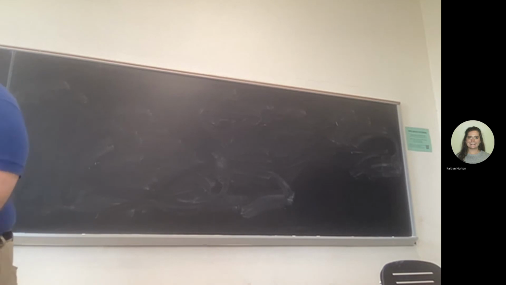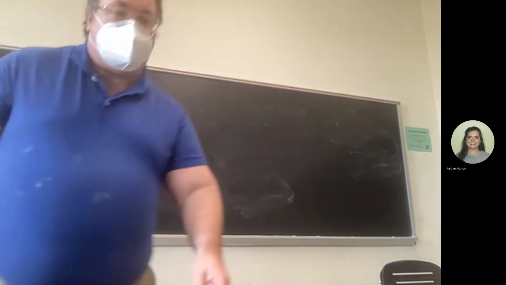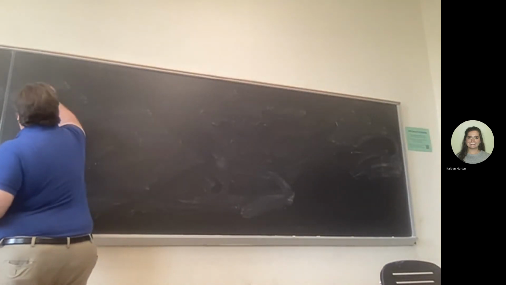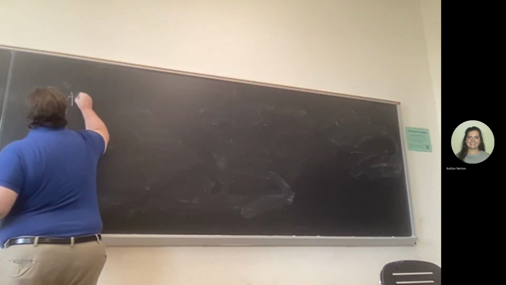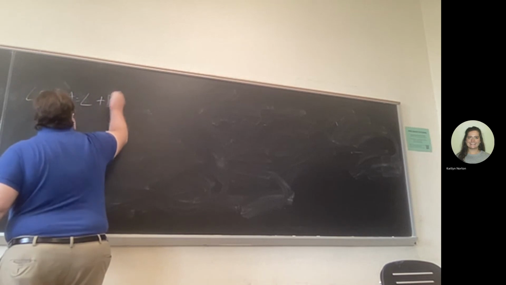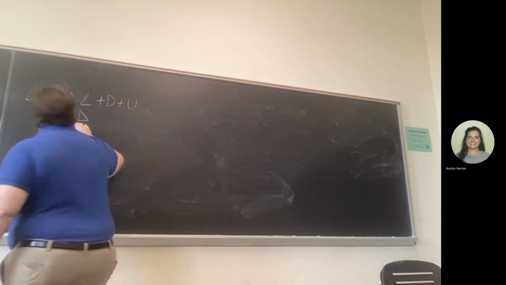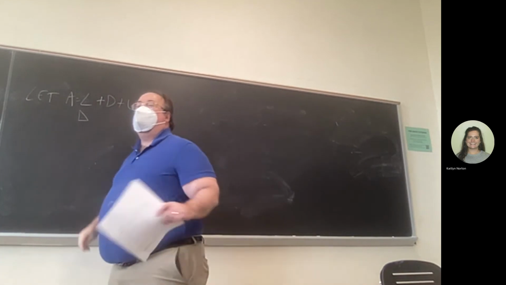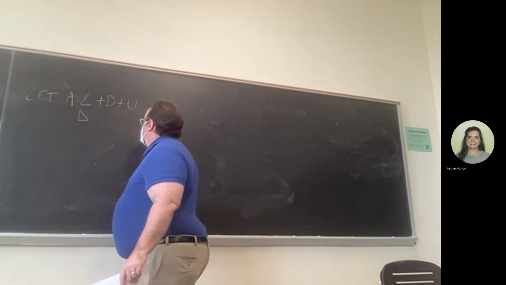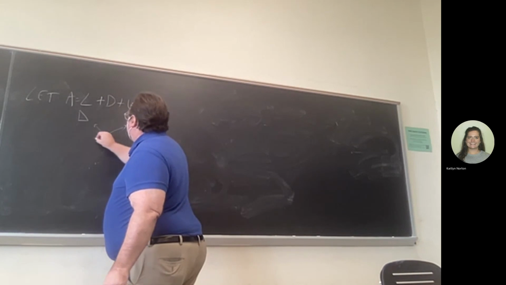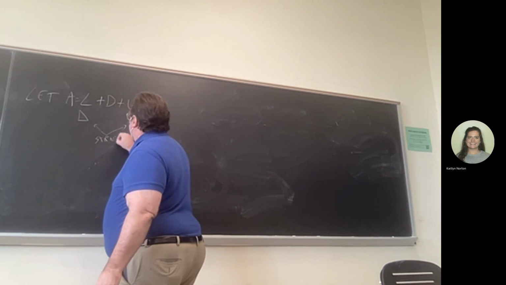Now, as an example, some simple preconditioners. If I let A equal L plus D plus U. So L is the strictly lower triangular part, so excluding the diagonal. U is the strictly upper triangular part, also excluding the diagonal.